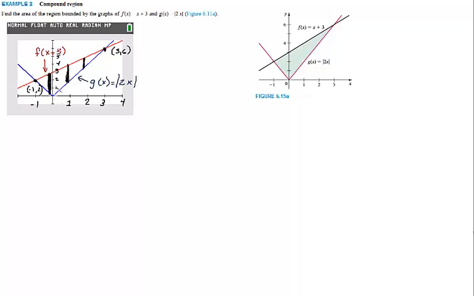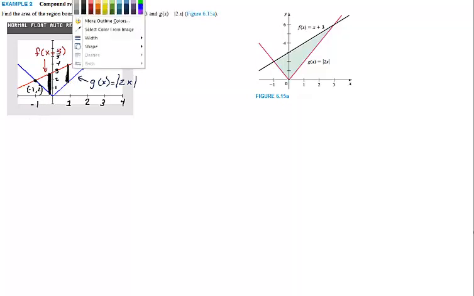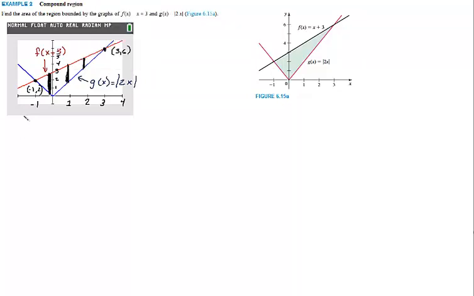This one I'll have to break up into separate sections anyway, because on the left-hand side, between here and here, I have negative 2x because I have the absolute value of 2x, and then from this 0 to this 3 I'm looking at positive 2x. So I'm going to break this up into two separate integrals.